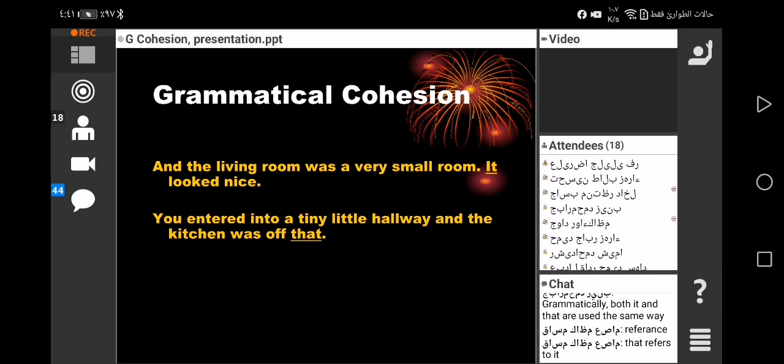No, they are not used in the same way. Definitely wrong. It refers to the subject, the living room, right? Good. And what about that?